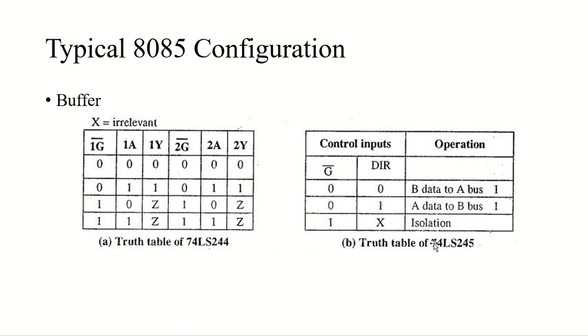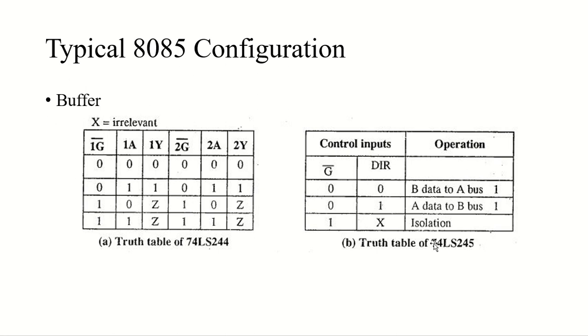So what are the features of this bidirectional switch or bidirectional buffer? The bidirectional bus transceivers come in a high density 20 pin package. The tri-state output drives the bus lines directly, and hysteresis at bus input improves the noise margins.